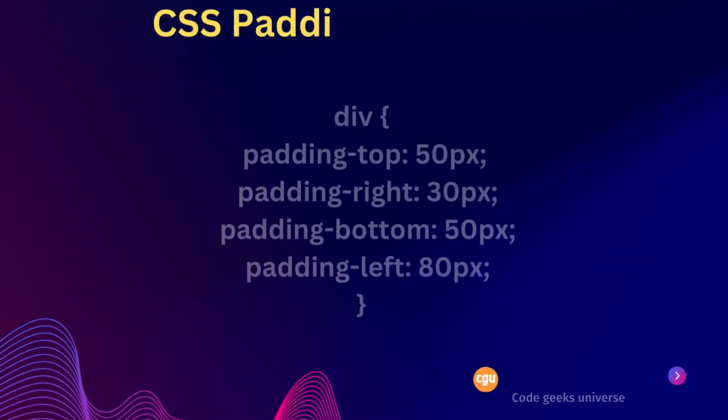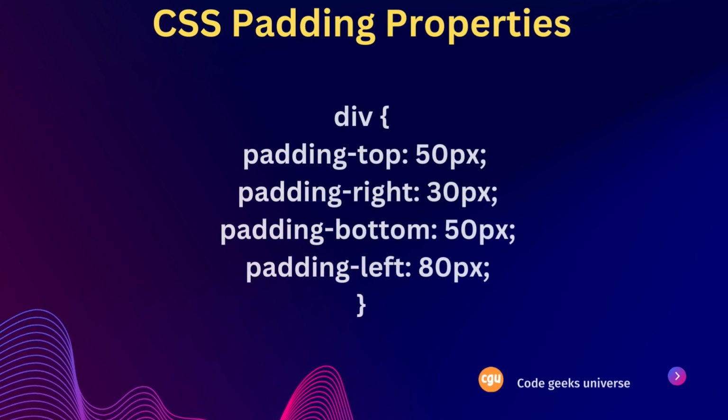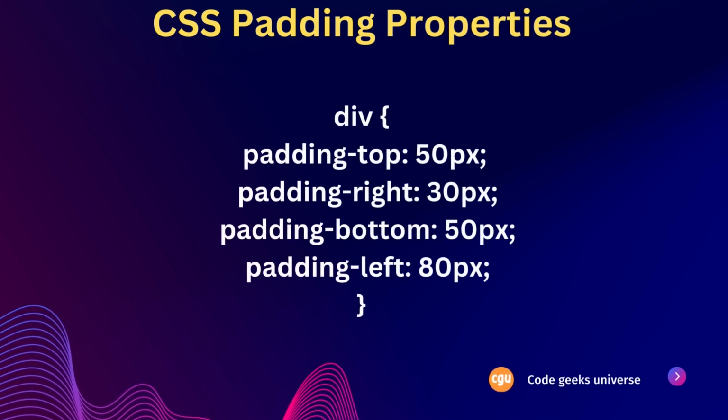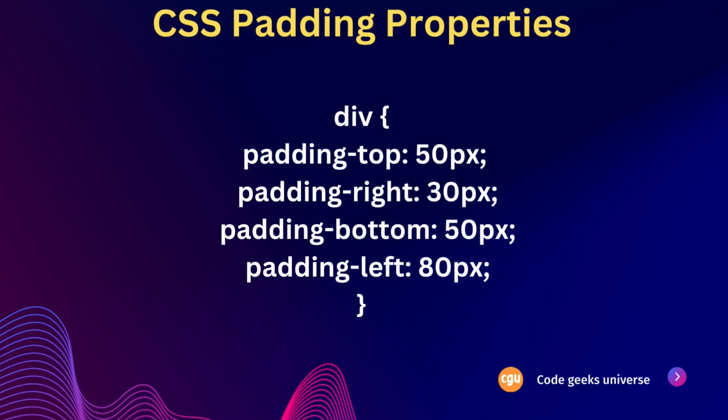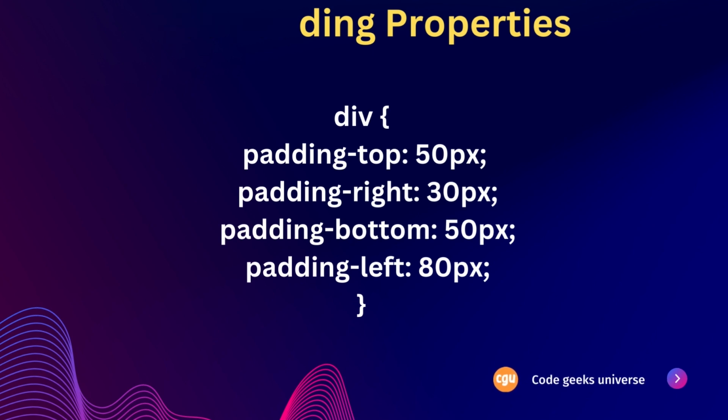Now let's explore padding. Similar to margin, there are 4 padding properties: padding top, padding right, padding bottom and padding left. Padding is used to control the space inside an element. It's especially handy for giving your content some breathing room within containers.